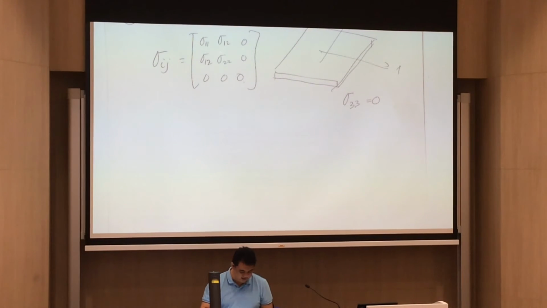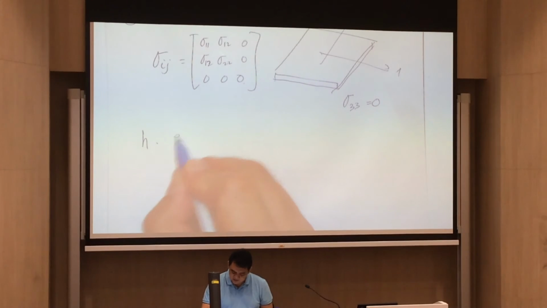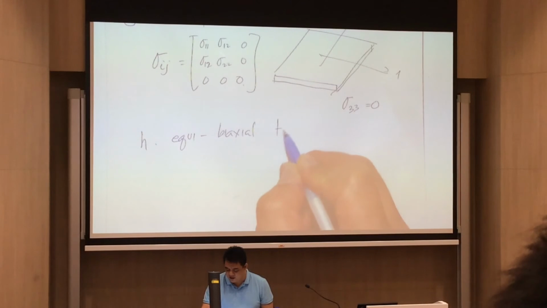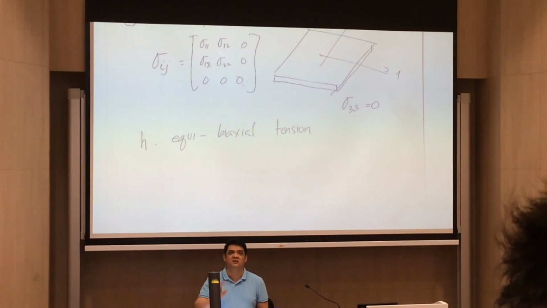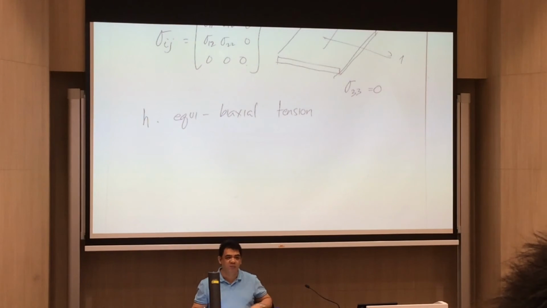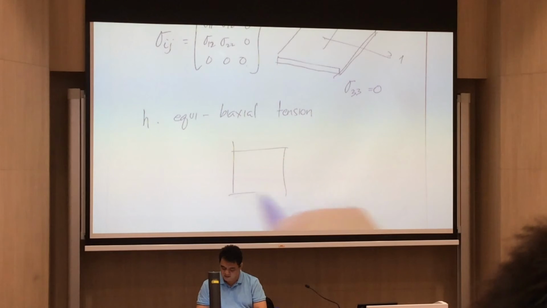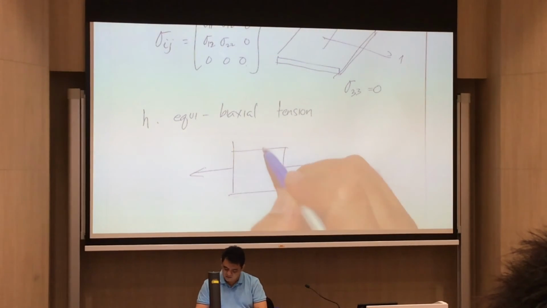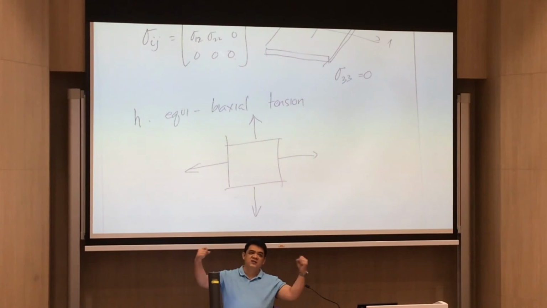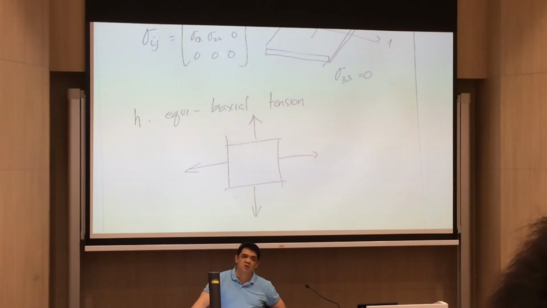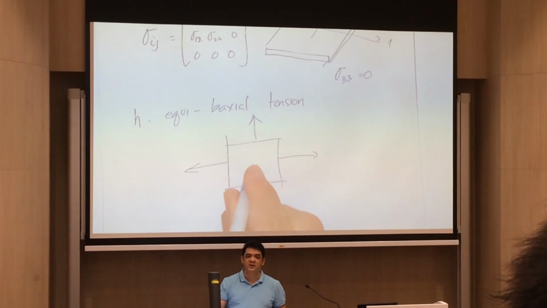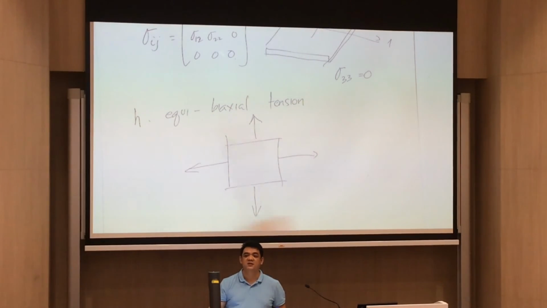What's the last one? Equibiaxial tension. I think you have this one in your notes, so I just took the terms in your notes. Equibiaxial tension means that the tension on one side is equal to the other side. No more load along this axis, pointing perpendicular to this surface.